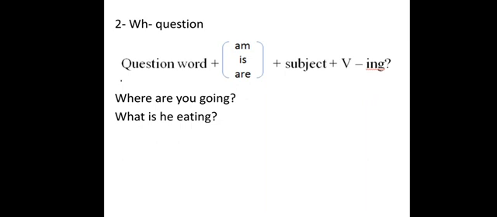What is he eating? Here we have the question word where, then are because the subject here is you, and the verb go plus ing. Second example as well, what is the question word, is because the subject here is he, eat is a verb plus ing.